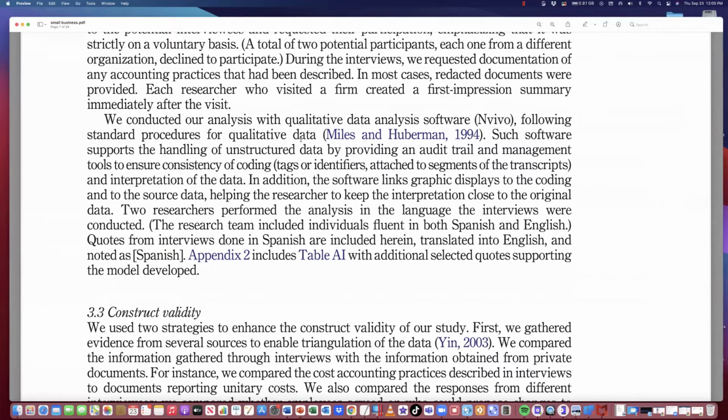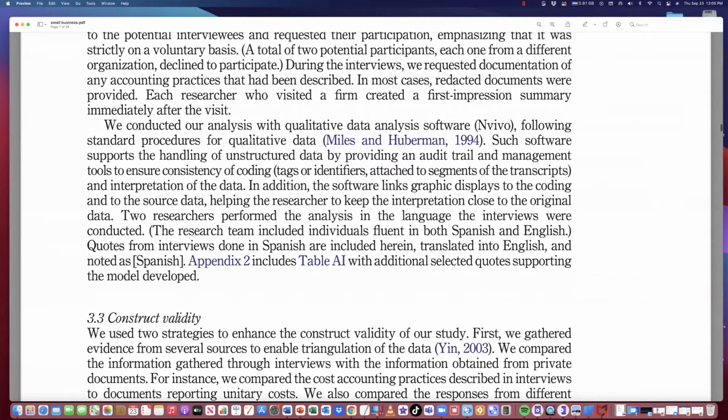Now we conducted our analysis using qualitative analysis software, NVivo, the one I was thinking about using to help, following the standard procedures of qualitative data. Why are they quoting? They're quoting Miles and Huberman. So at least you realize that I'm using the right way to explain things to you. Such software supports the handling of unstructured data by providing an audit trail and management tools to ensure consistency of coding, tags or identifiers attached to segments of transcript, which I'll be showing you later, and interpretation of the data.